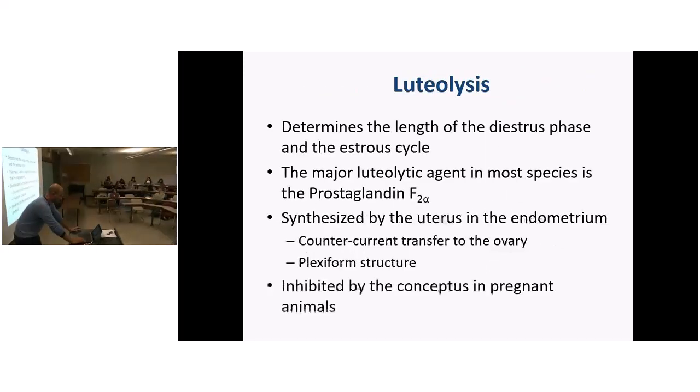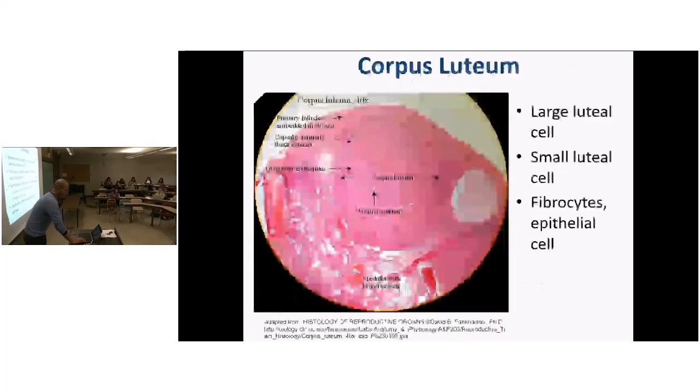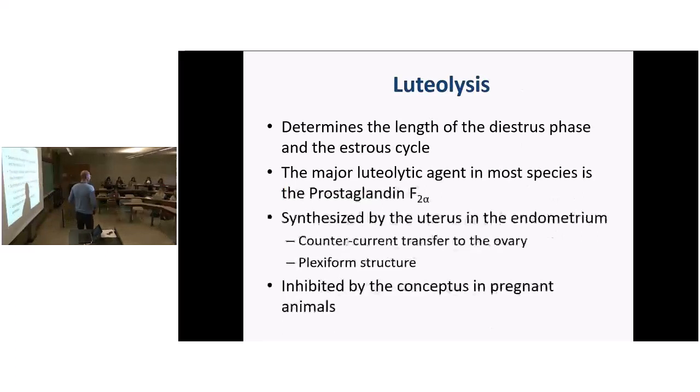Okay. Why do we have luteolysis out of nowhere? Let me see. I think the reason, and I think I mentioned it before, is that all of these things seem to be hypothalamic, pituitary, gonadal, and the only hormone in this whole thing that is outside this axis is prostaglandin.